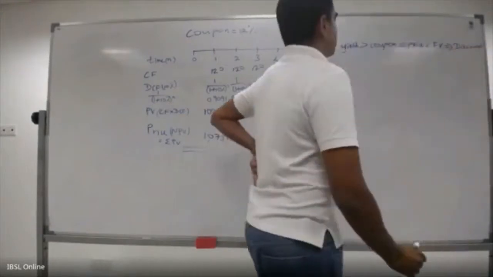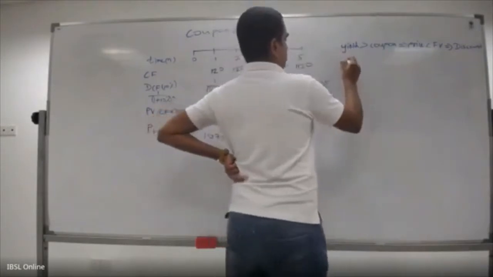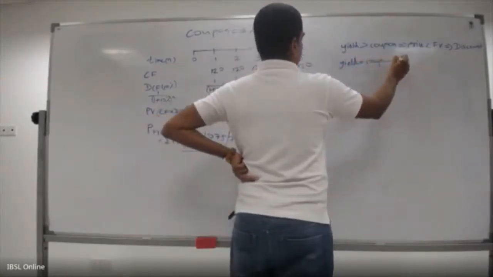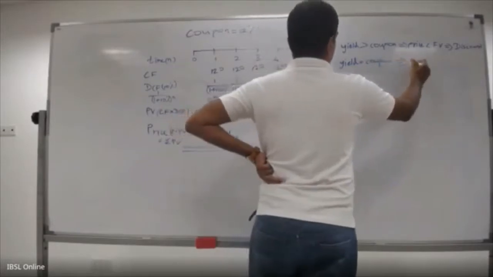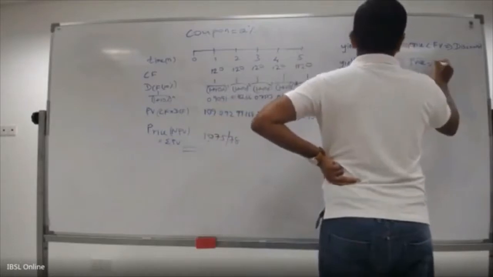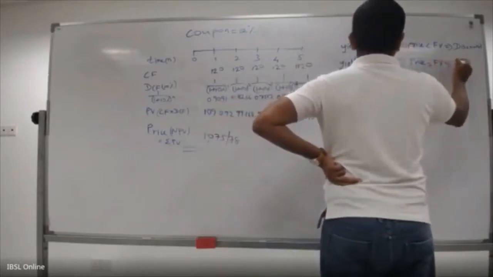Then if yield is equal to coupon, price equals face value. Call this par.